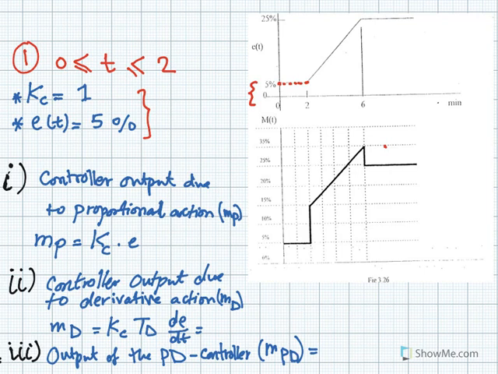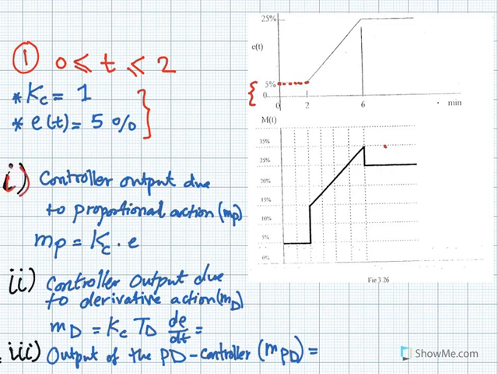So the technique here is, first we have to find the controller output M for the proportional action, second we find the controller output for the derivative action, and finally we add these two outputs.